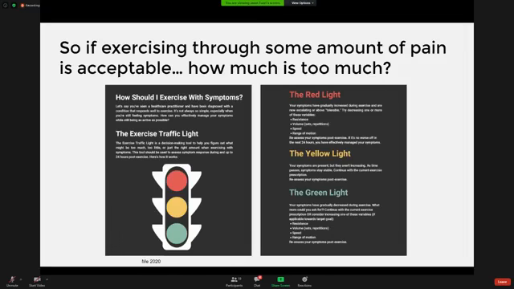This is continuing to get worse and worse as I'm exercising, or 24 hours later it's still more sore after that session, even if during the session it didn't necessarily get worse. So this is a resource that I give to all patients in terms of gauging, well, was that run that I did a little bit too much for me right now? Or was that batch of exercises I did a little too much for where I'm at right now? And it's a continuously changing and adapting system too.